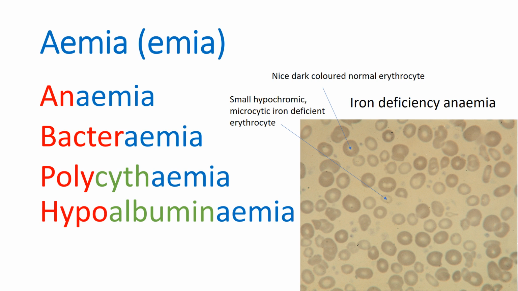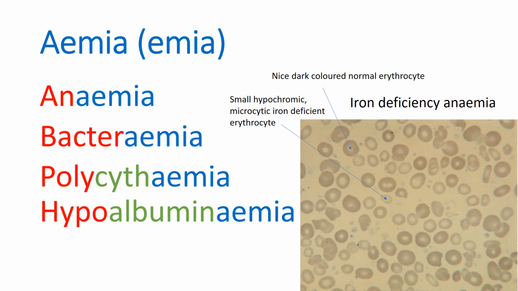So there are clearly many examples of the suffix emia. Just a few here. Bacteremia would be the presence of bacteria in the blood, generating a systemic infection. Polycythemia. So the poly means many, and the cy means to do with cells, as we'll see in a later slide.